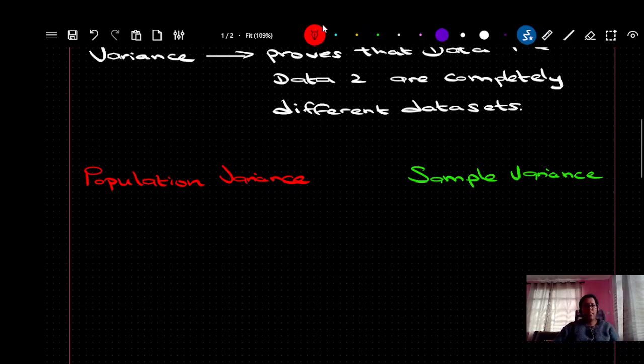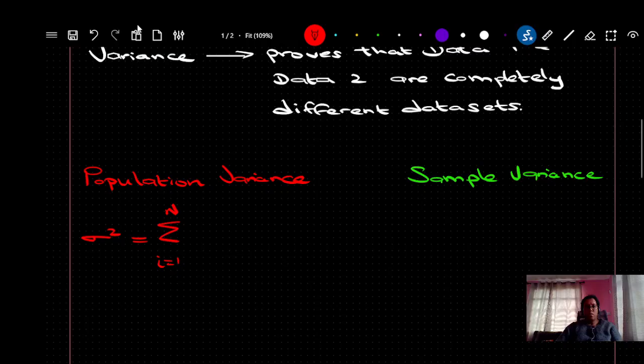So variance is denoted as the symbol sigma square. Okay, this you have to remember, sigma square. This is the symbol for variance. Sigma square is equal to summation i equals 1 to capital N, because the population is represented by capital N. Okay, we saw that earlier.